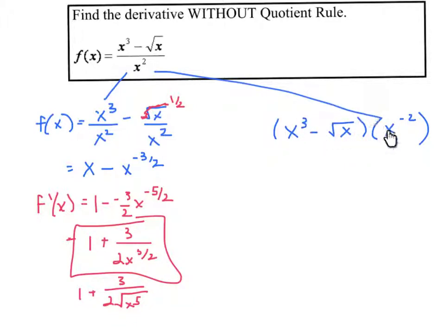X cubed multiplied by x to the negative 2nd is just x. And again, making the square root x to the 1/2, x to the 1/2 times x to the negative 2nd is x to the negative 3/2. And now, of course, I'm at the exact same spot. I just continue the same way.